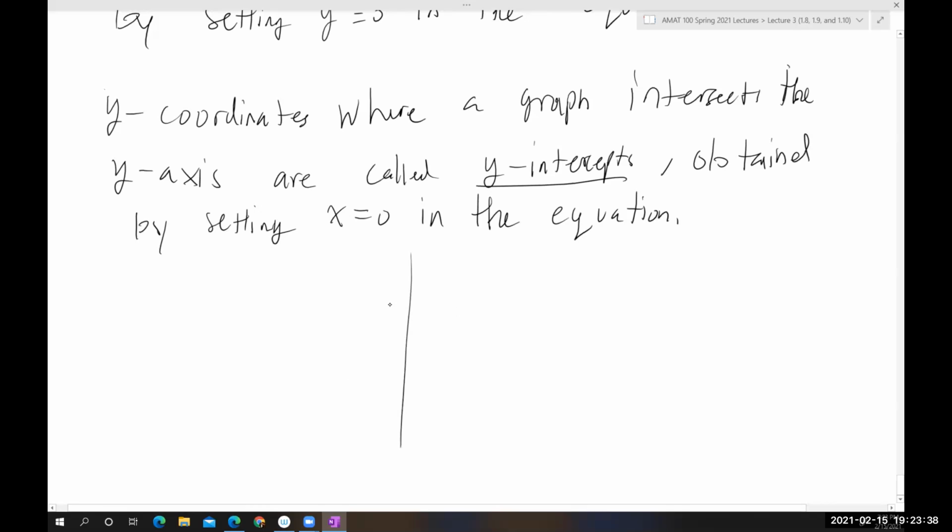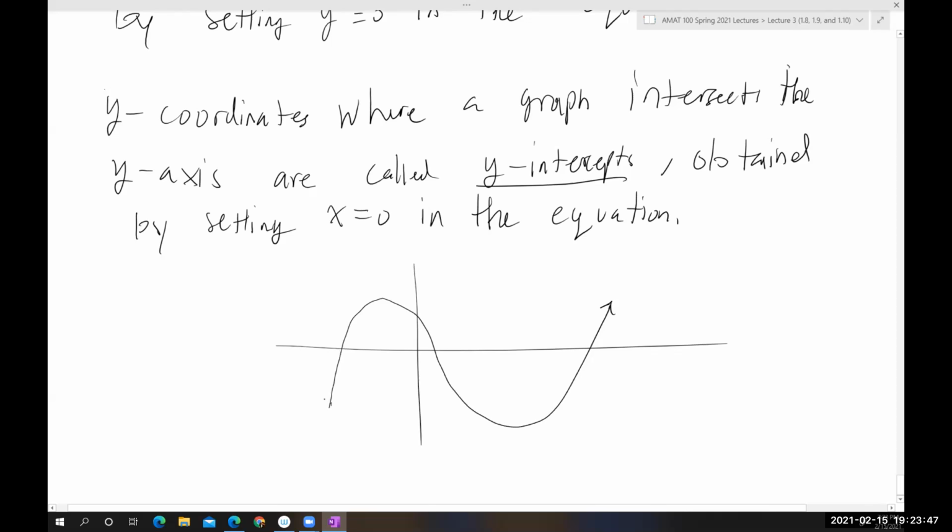So just a quick geometric illustration of what's going on. So maybe we have some equation, and I don't need to describe what the equation is, but this is the corresponding graph. So we have these points of intersection with the axes.